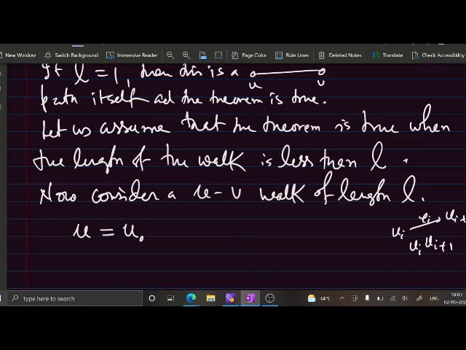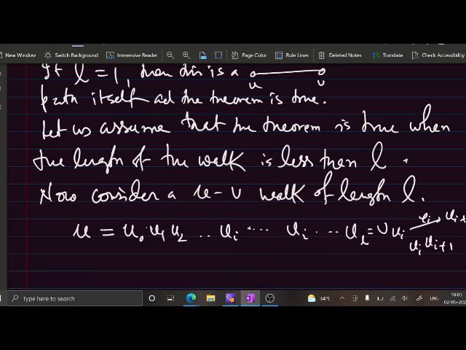So we write the UV walk as U naught, U1, U2, Ui, again Ui, UL.